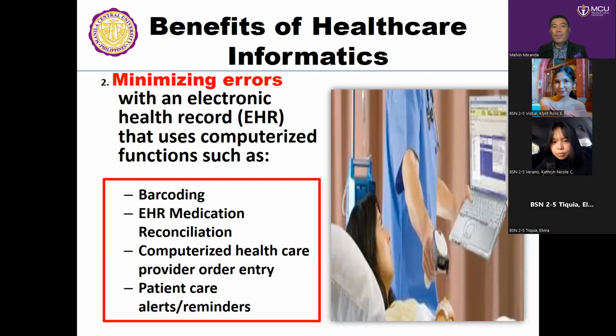Patient care alerts and reminders are also being used for electronic health records. Just like in home care facilities for elders, usually we expect that for ambulatory patients, they are always with the presence of a caregiver or a nurse.